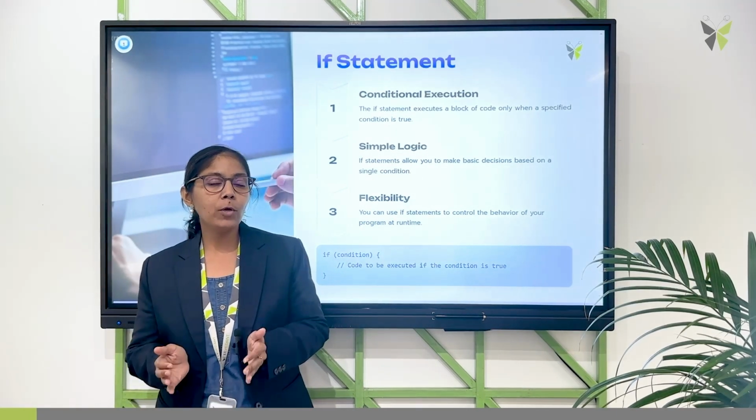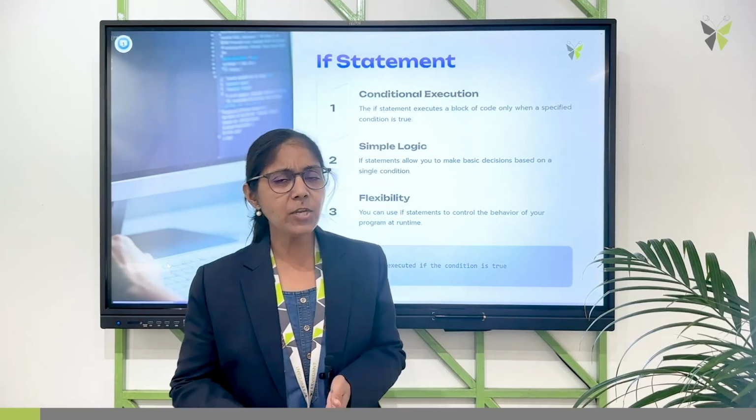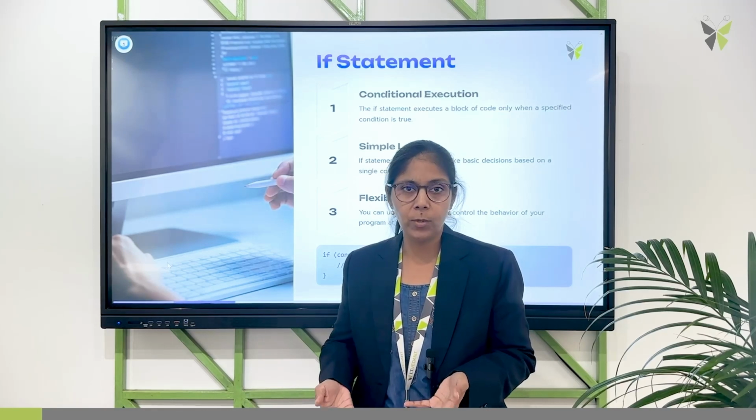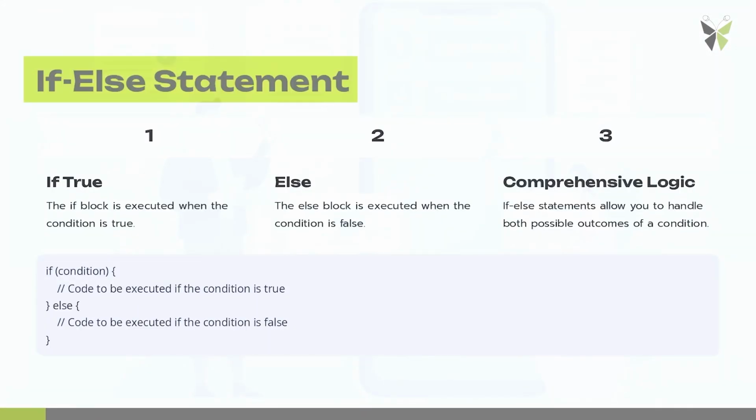But what if I want to do an evaluation where my condition is not true? I'm checking a condition and that condition is not true. In that case comes the next block, your if else statement. In the if else statement, we have an if block and an else block.